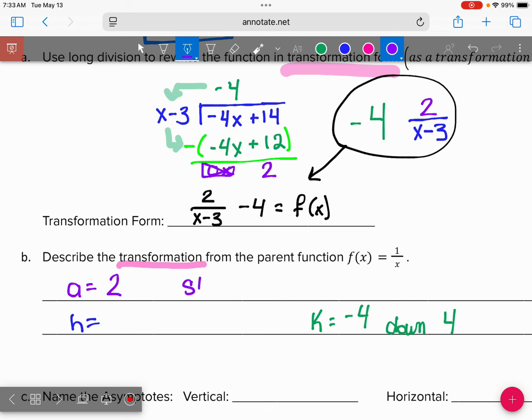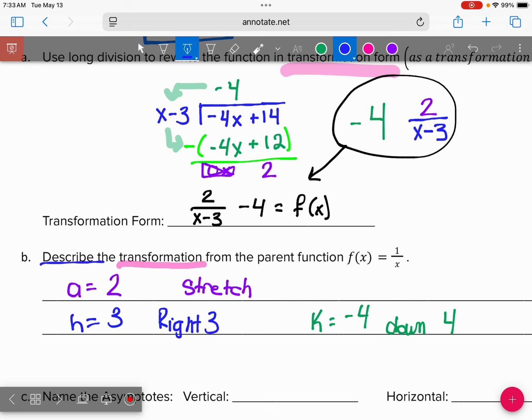Stretch. Yes. What about H? 3. Good. Positive 3. What does that do? Which direction does it move us? It goes to the right 3. Exactly right.